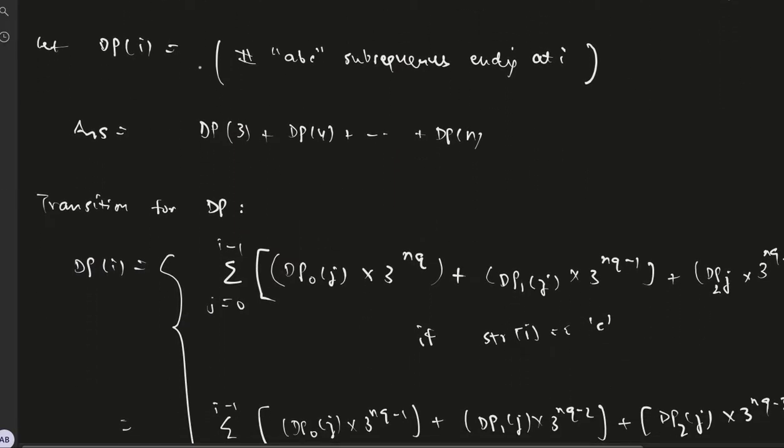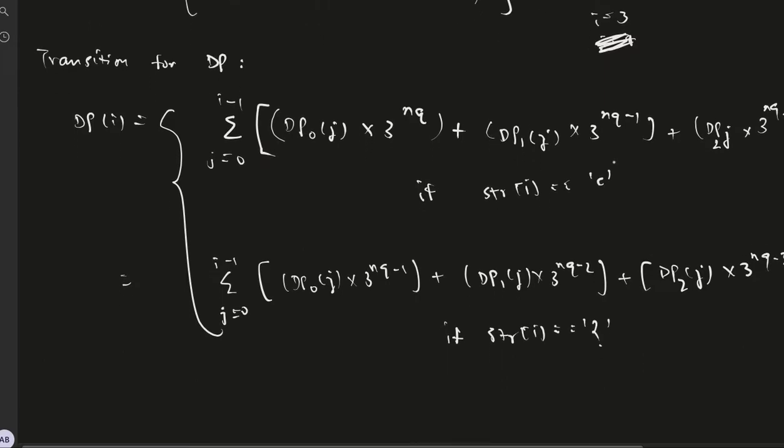And dp3 of i is equal to the number of subsequences ABC ending at i, right? So the answer, it is very easy to see, would be the summation of dp3, dp4 up to dpn, that is the summation of dp i, i equal to 3 to n, or if we handle the edge cases correctly, i equal to 0, 1 to n.